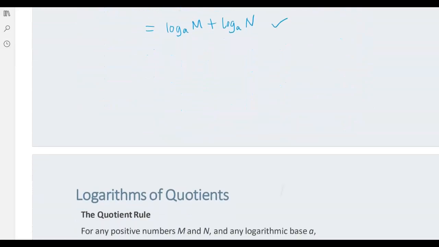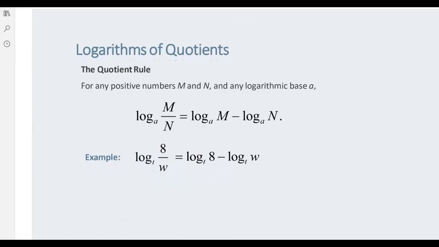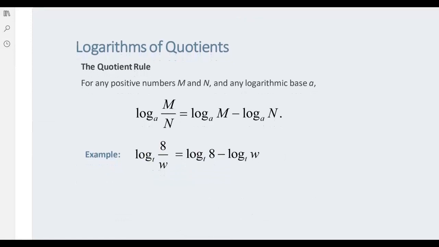Our second property is the law of quotients. And similar to what we were doing before, we are going to have the two variables split up, and there's going to be a subtraction sign in the middle of them instead.